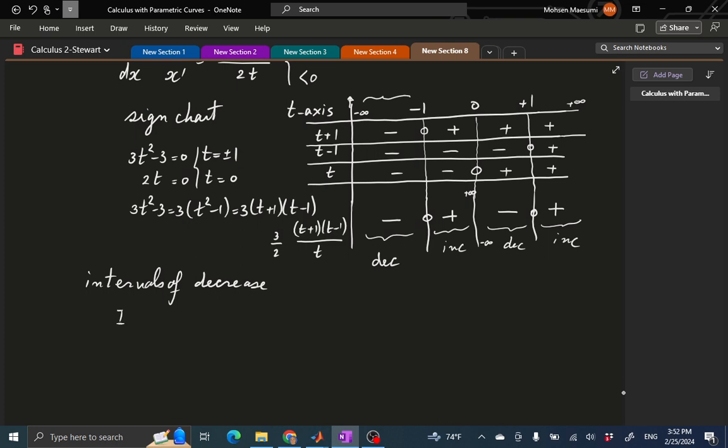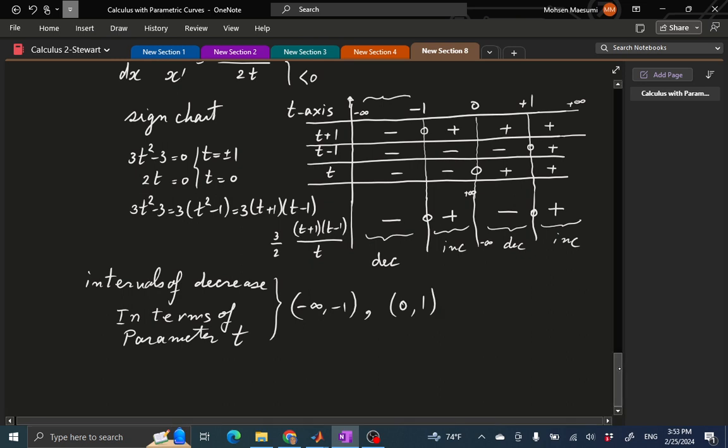It's crucial in terms of parameter t. Not x, in terms of parameter t. In terms of decrease from minus infinity to minus 1, and then again from 0 to 1.